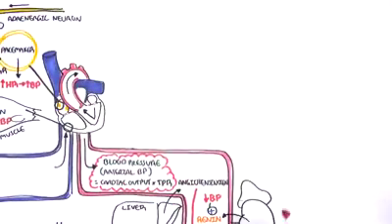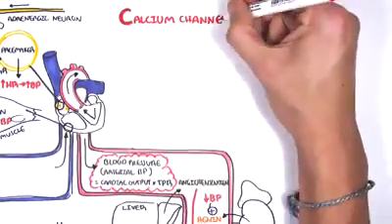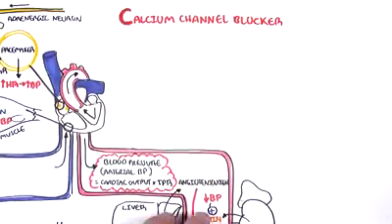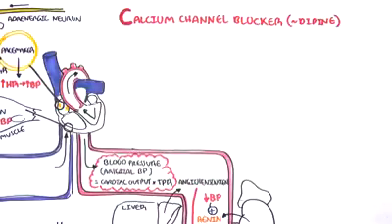And the C's are the calcium channel blockers. Most names for calcium channel blockers end in or sound something like dapine or mil. So for example, verapamil. These are kind of hard to remember, but hopefully you get the idea.